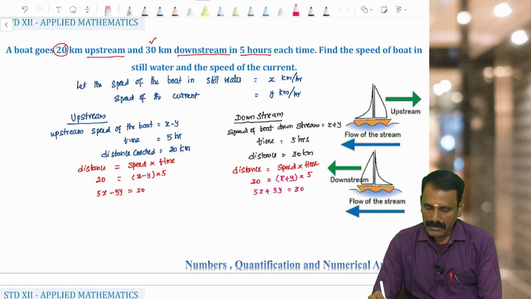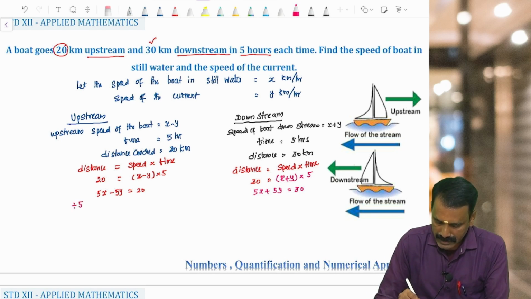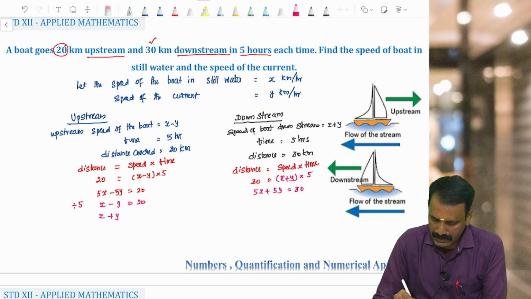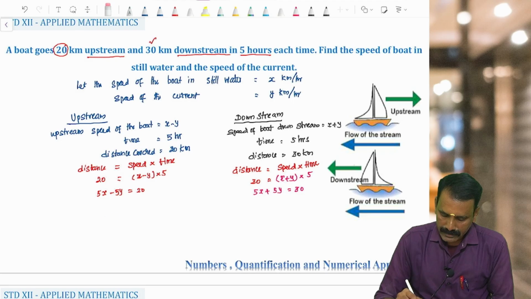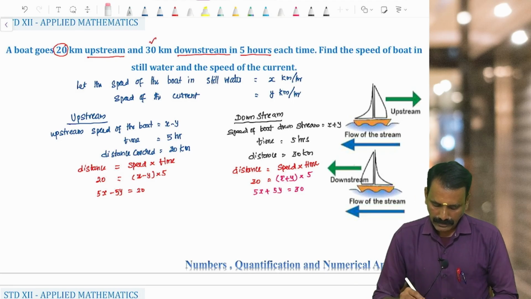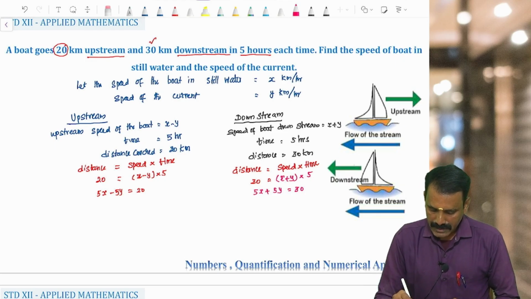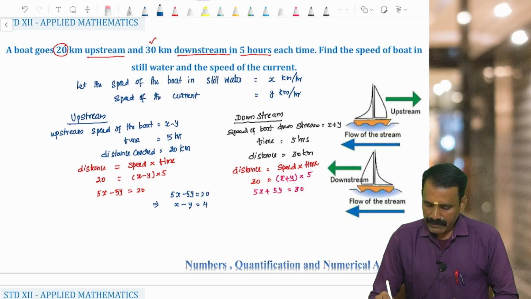We divide this equation by 5, so we get x minus y is equal to 4. The second equation is 5x plus 5y equal to 30.